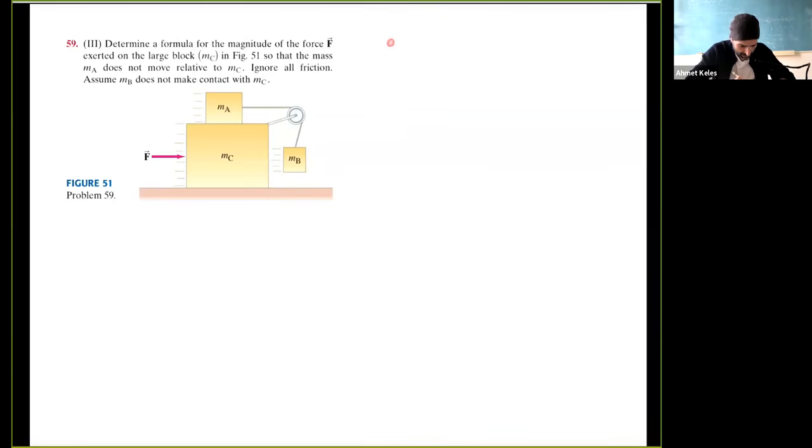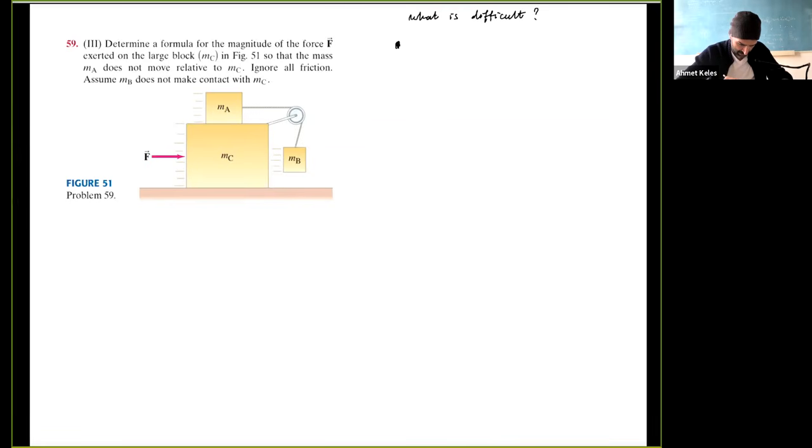Number one, what is difficult? Write one or two things and let's see what is difficult. Establishing the relation between MA and MB.